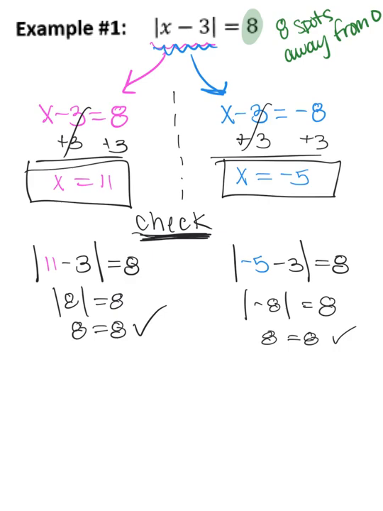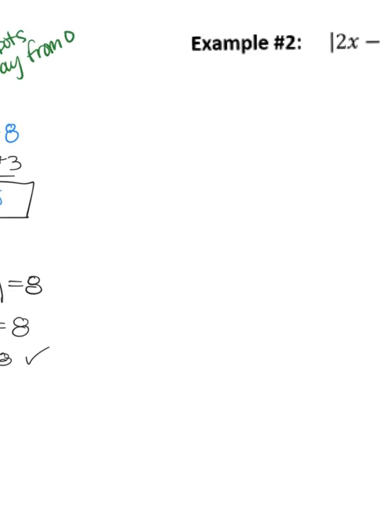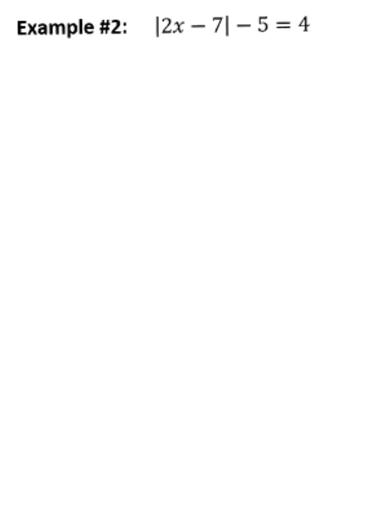So our second example is going to look very similar, but there is a small difference. You may have spotted it already, but if you notice right here, the absolute value bars have something a little extra, right? They have this minus 5 after it.